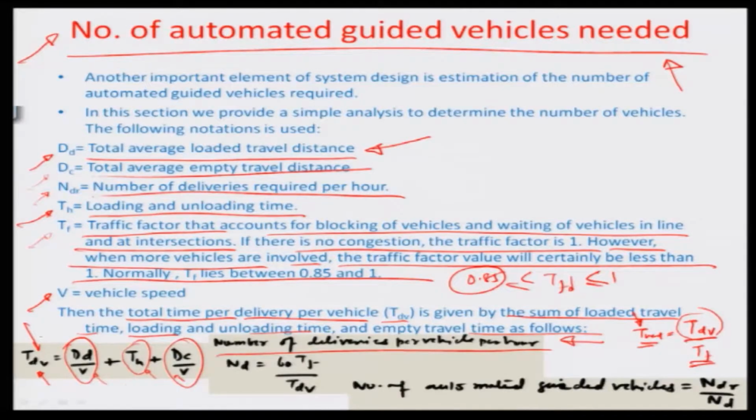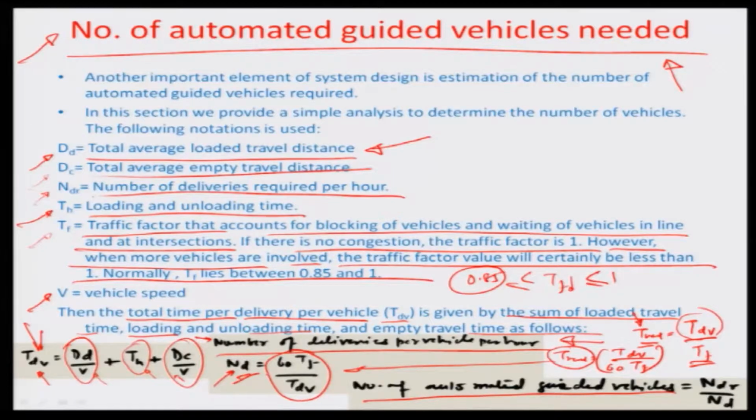So if this were in minutes, the number of deliveries per vehicle per hour would really be the inverse of this real time. It's a frequency which we call ND here, which is actually 60 TF by TDV. So basically it is just the inverse of the real time it would take for doing one delivery. So that's the delivery frequency for one vehicle.